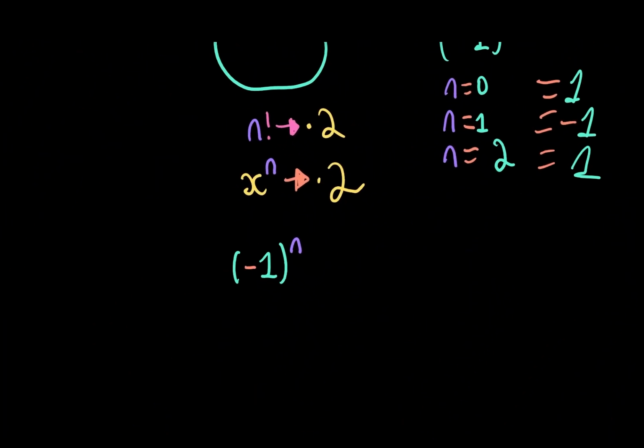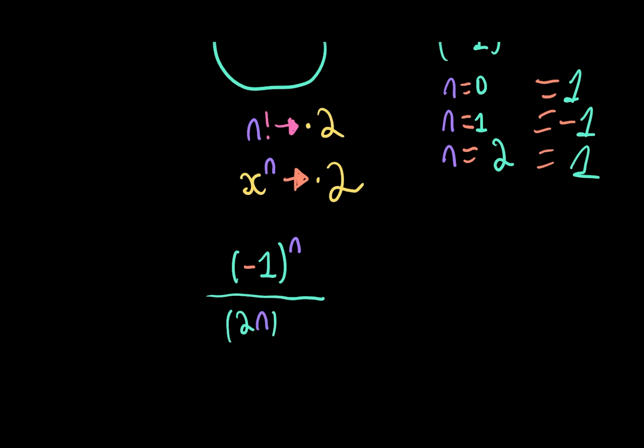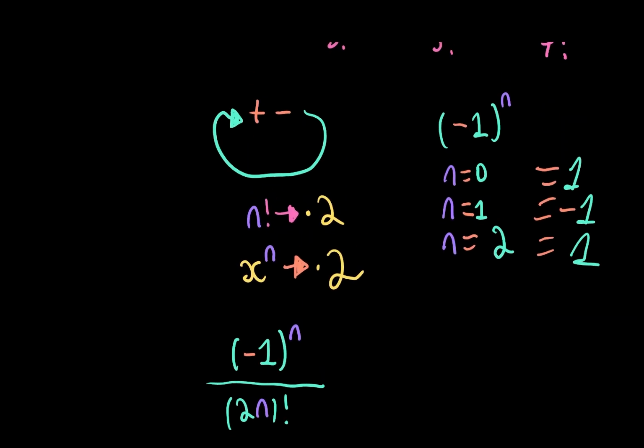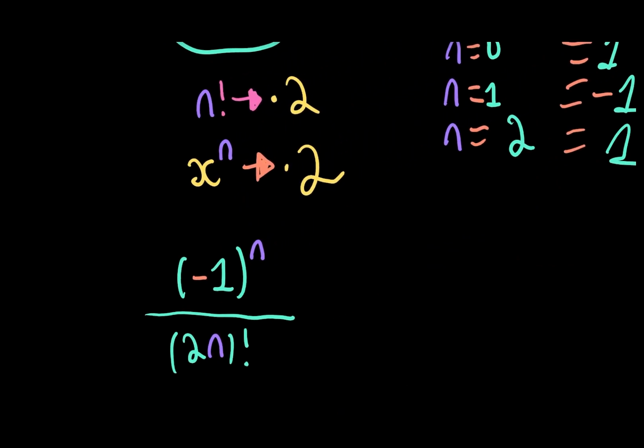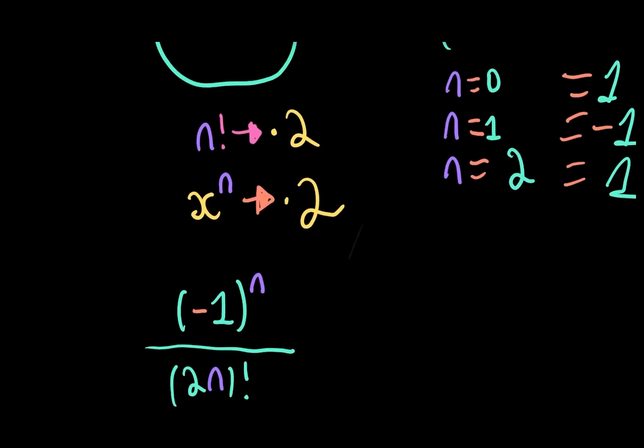Well, simple fix. It would be this divided by 2n factorial, right? So if we set n equal to 1, that would be negative 1 to the power of 1. That would be negative 1, so this term would be negative. And then 2 times 1 factorial is just 2.